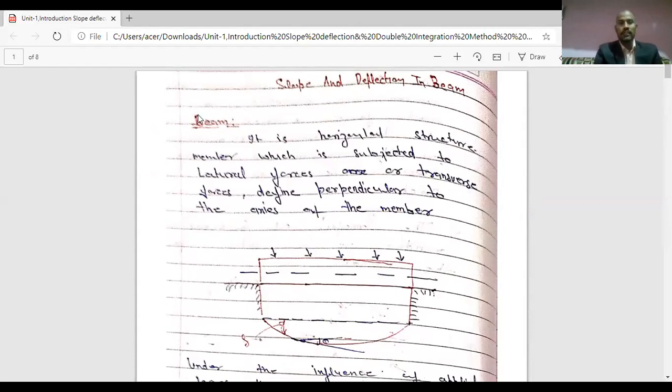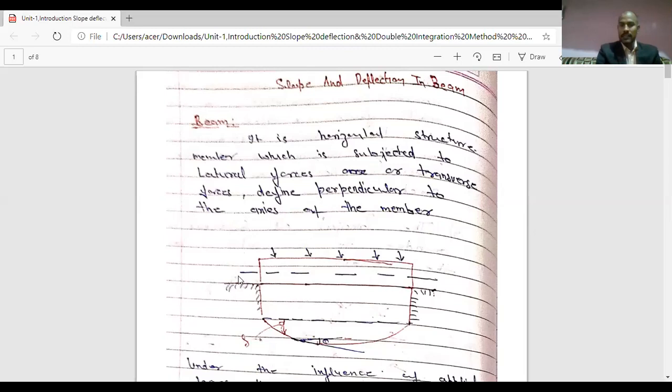So first we see what is the beam. A beam is a horizontal structure member which is subjected to lateral force or transverse force, defined perpendicular to the axis of the member.